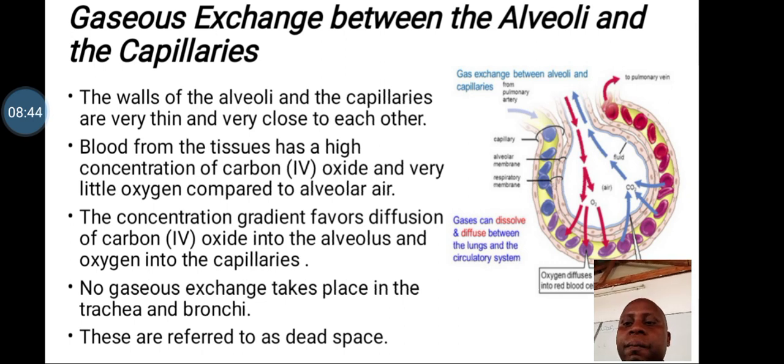By diffusion. Is it clear? Oxygen, on the other hand, because it is highly concentrated in air in the alveolus than in the blood, it moves in by which process? By diffusion again. And this is how gaseous exchange occurs in the alveolus. So, questions?